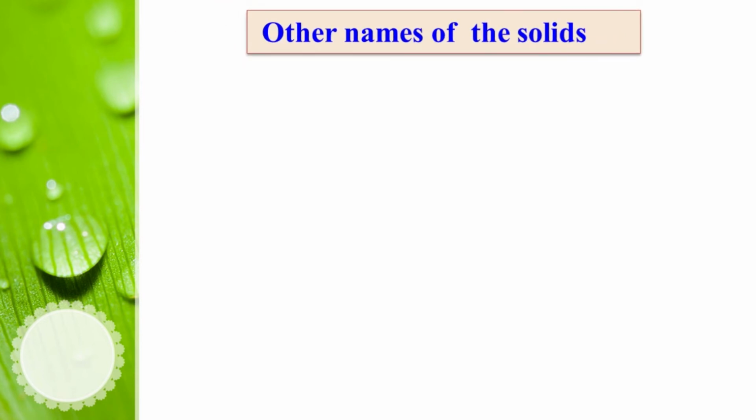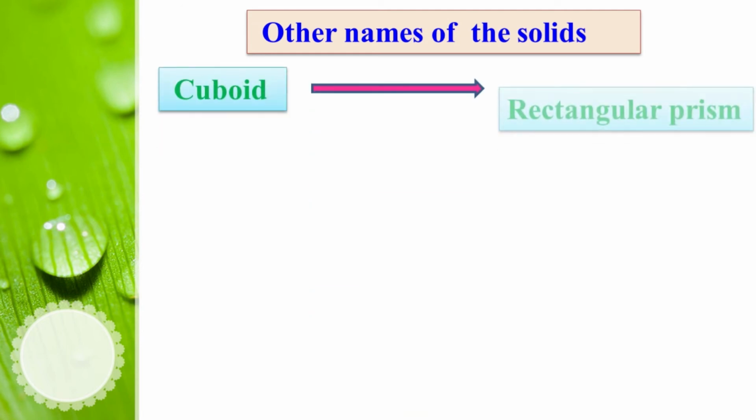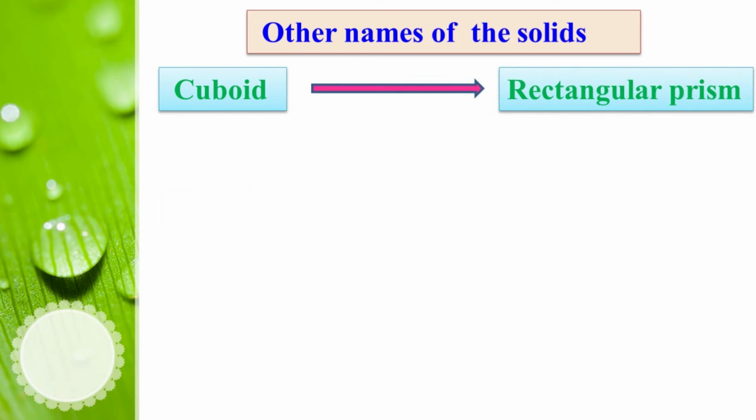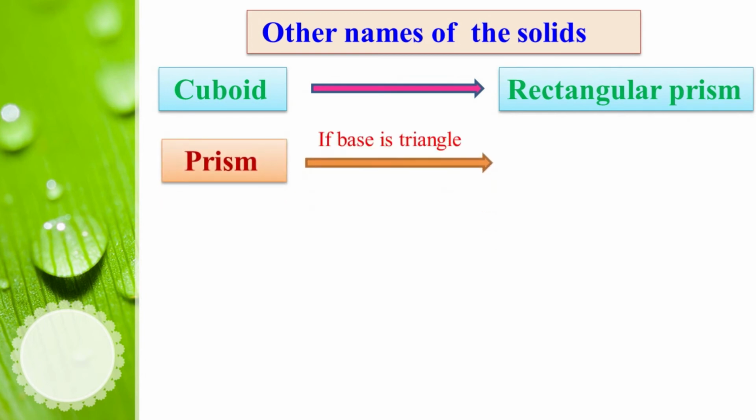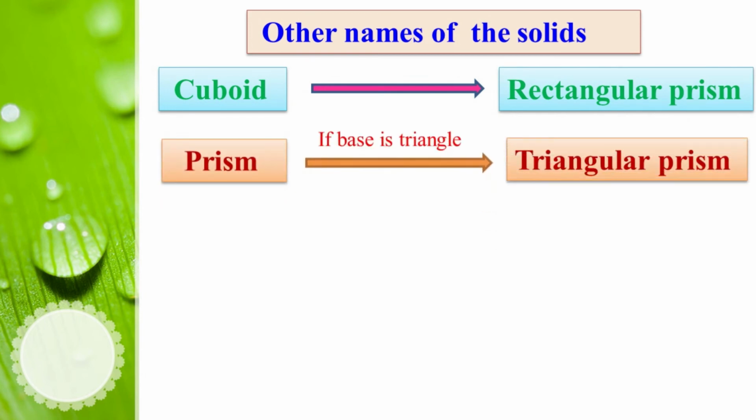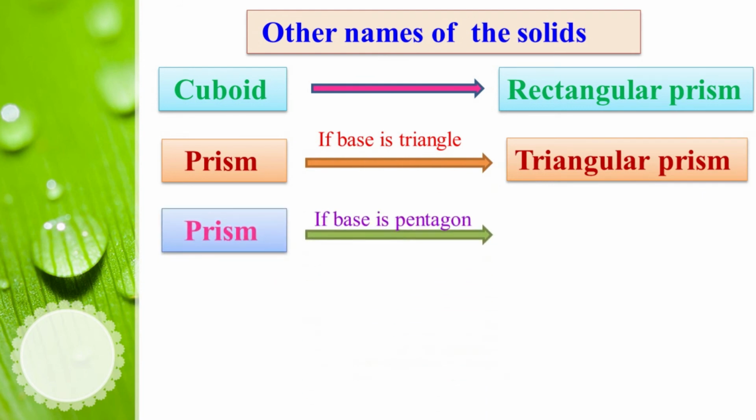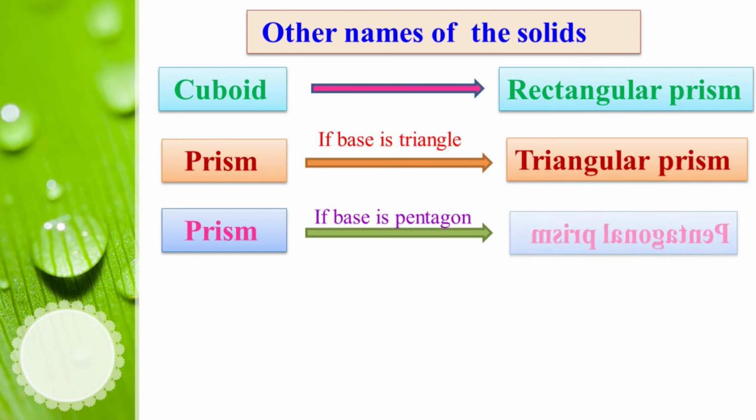Other names of the solids. Prisms are identified by the shape of their polygon bases. So, the cuboid can be called a rectangular prism. Likewise, a prism with a triangle base is called a triangular prism, and a prism whose base is a pentagon is called a pentagonal prism.